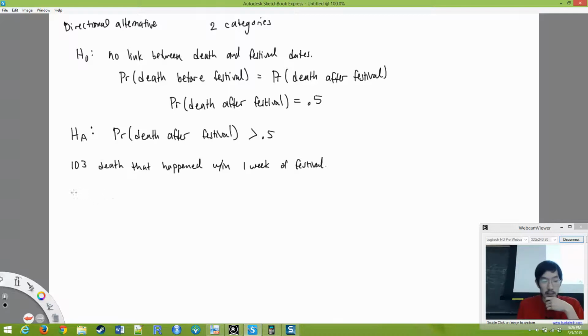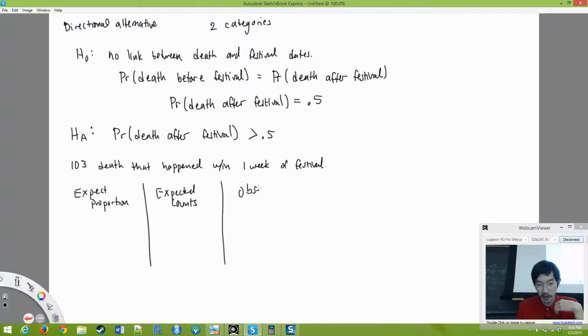So let's do the expected proportions, expected counts, and we'll do the observed counts. There's a total of 103, and this would be before and after.